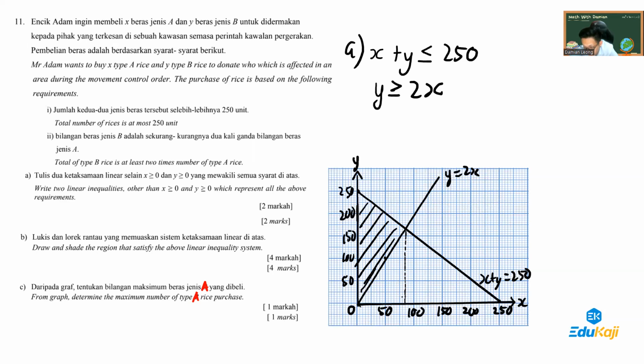So here is 75, 80, here is about 85. Yeah, so I take 85. If they really ask for B, then it's just 250. But generally, they won't do that. So it's the furthest point within the shaded region, either on your X or on your Y.